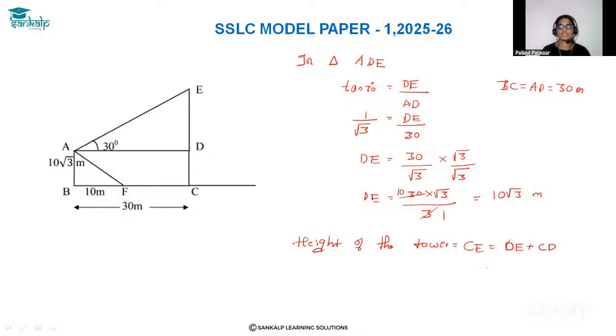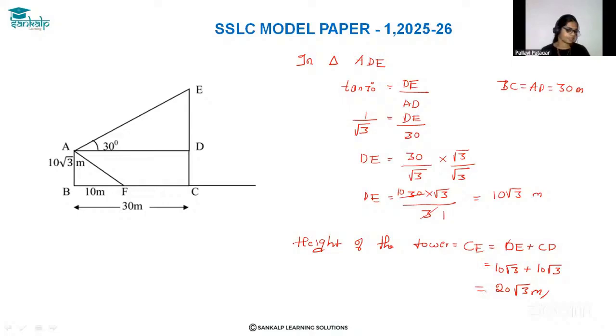So here DE is 10 root 3 plus CD is equal to AB. So here AB is 10 root 3 meter. So CD also becomes 10 root 3 meter. So 10 root 3 plus 10 root 3 is 20 root 3 meter. So this is the height of the tower.